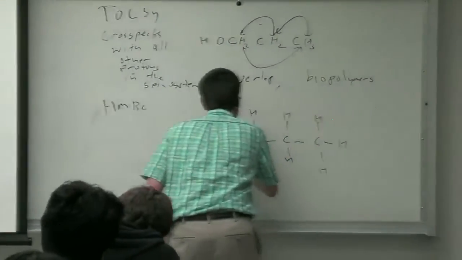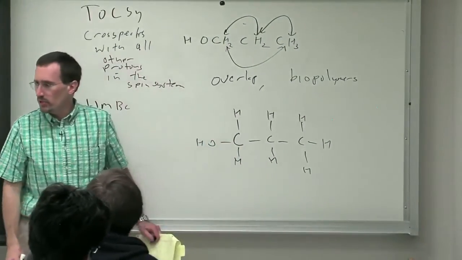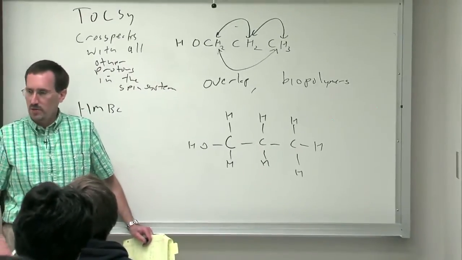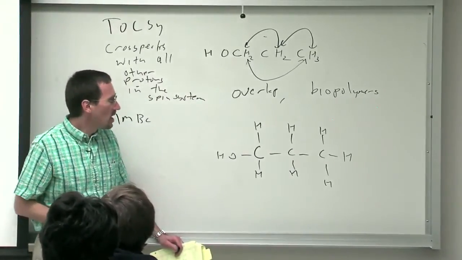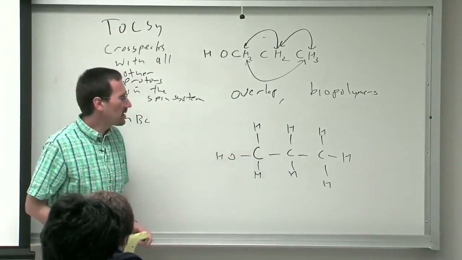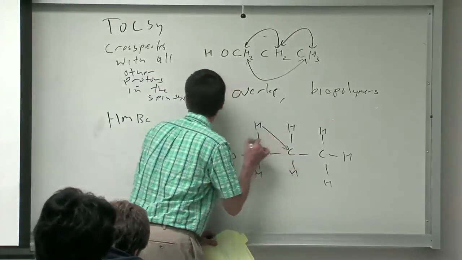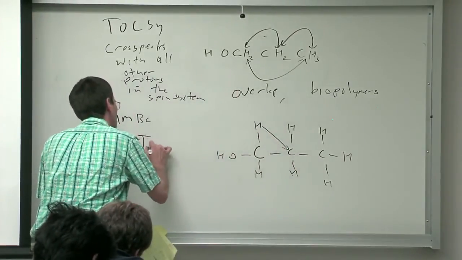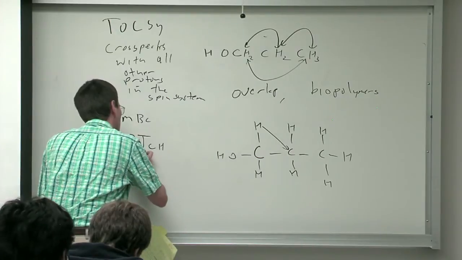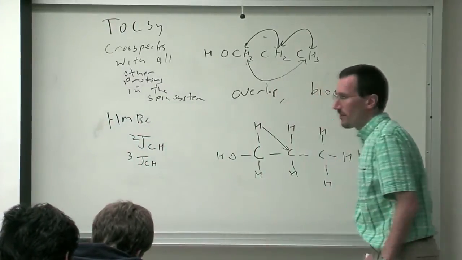There's a ton of information there. And what you end up needing to do is use it in a very focused fashion because you'll just drown in peaks. So remember, HMQC was our one-bond CH couplings. In HMBC, we get 2- and 3-bond CH couplings. Not always in a predictable or guaranteed fashion.